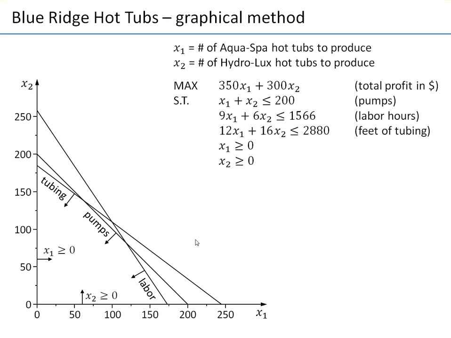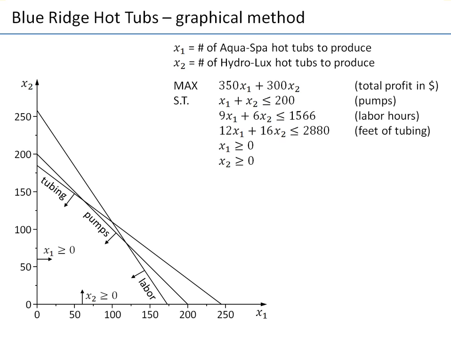So the question we have to ask ourselves now is, where are the feasible points for all those constraints? Each of those lines says, for labor, the feasible points are on the line and to the left of it. But for all of those constraints, if we want feasible points, we have to take the set of points that are common to all those half planes.